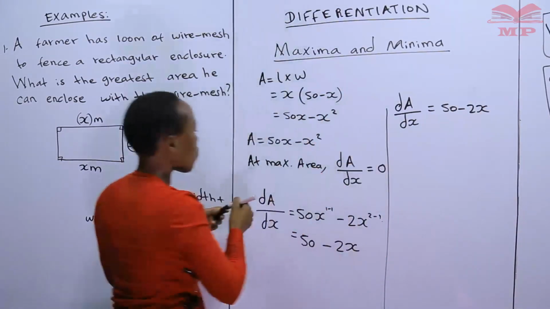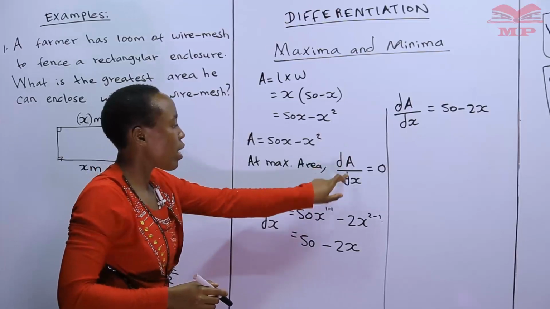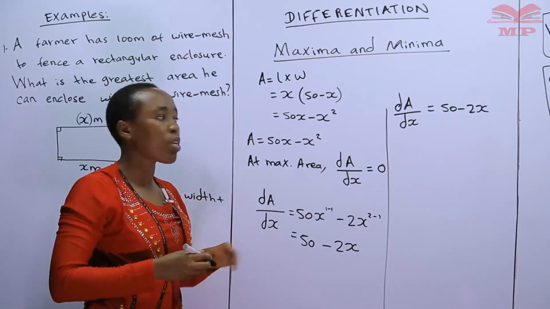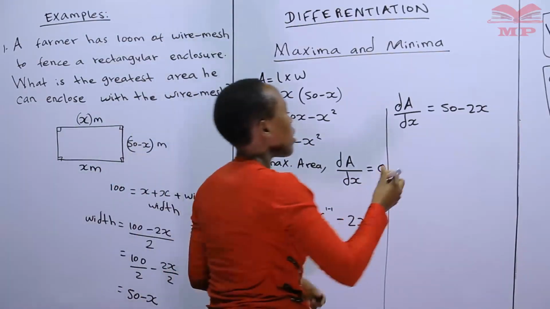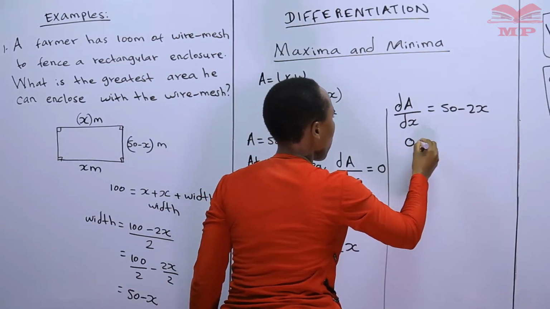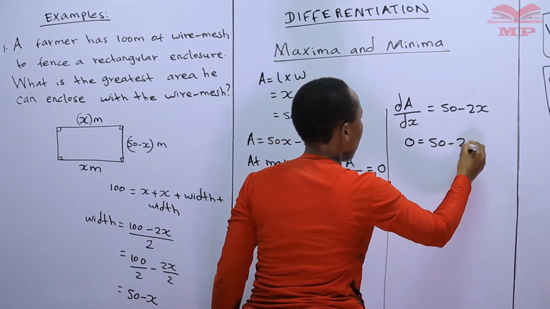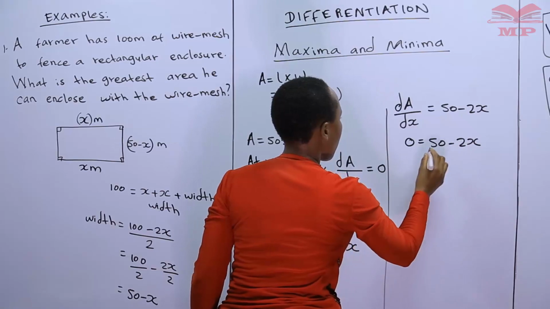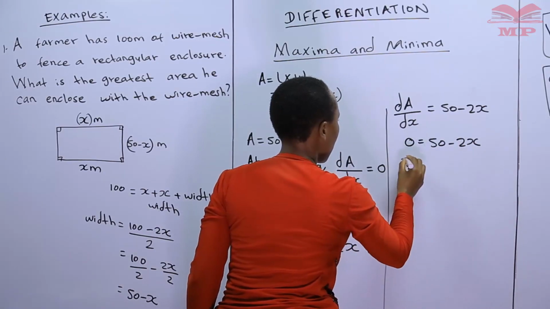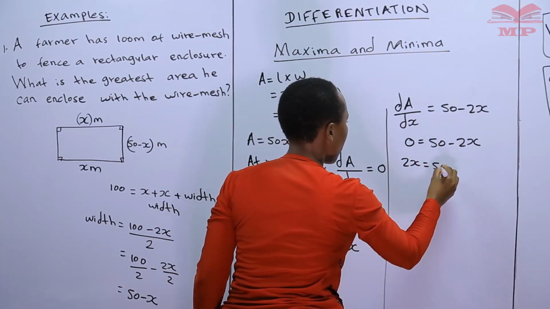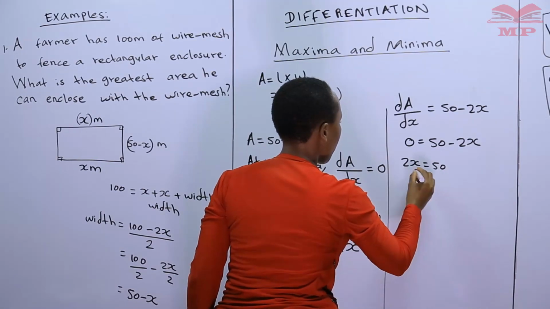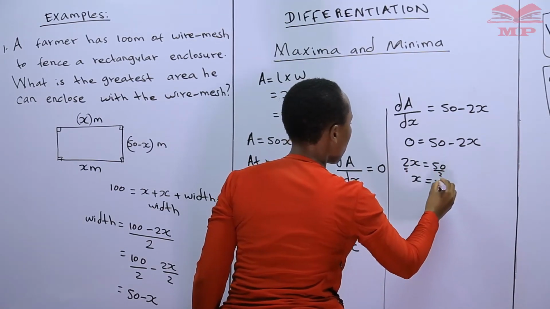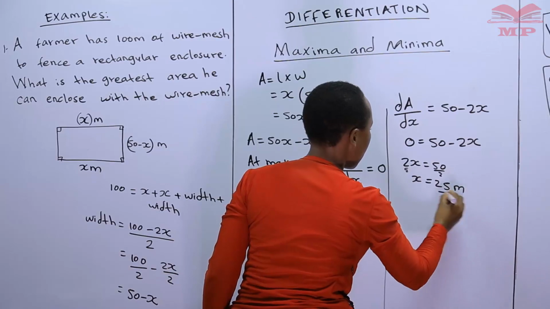And we have seen that for maximum, dA dx is equal to 0. So we equate dA dx to 0. So we have 0 is equal to 50 minus 2x. And therefore, when we take 2x to the other side, we have 2x is equal to 50. And therefore, x will be 50 divided by 2, that is 25 meters.